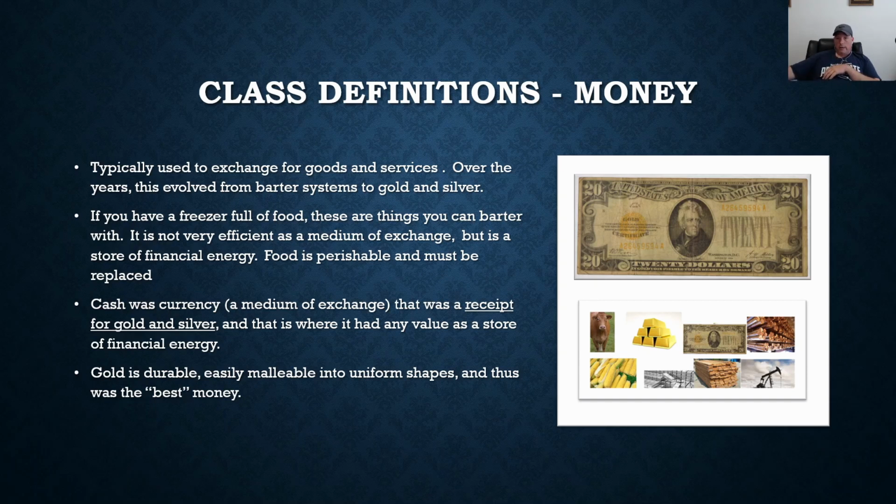And here I have a little picture of what I considered money over the years. There's some memes going around right now where you have a truck with a bunch of lumber in the back of it, and they talk about a billionaire driving down the highway. So you also see the $20 bill here.